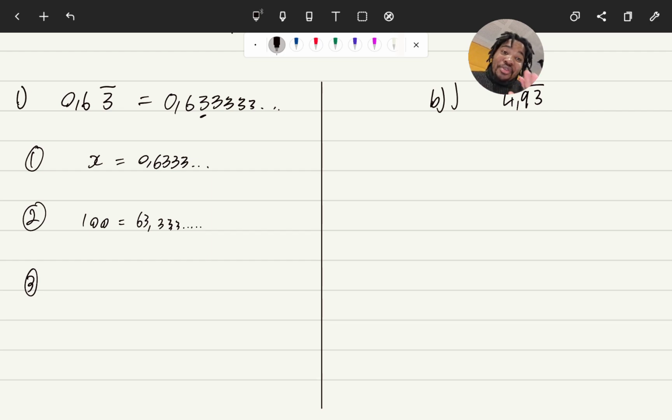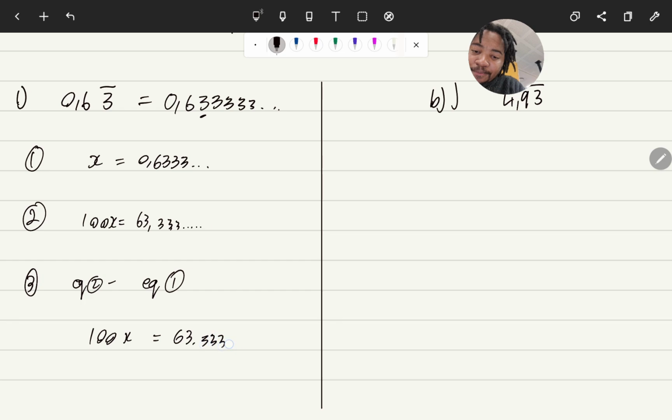On that note, I think we learned something very important, because here if we say equation 2 minus equation 1, this is what we're going to have: 100x minus x equals 63.6333.